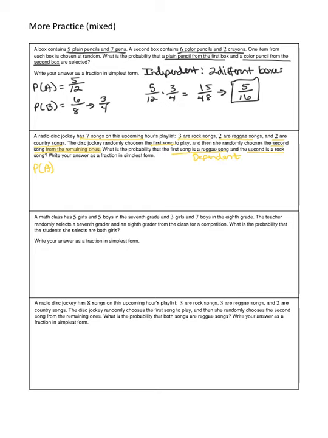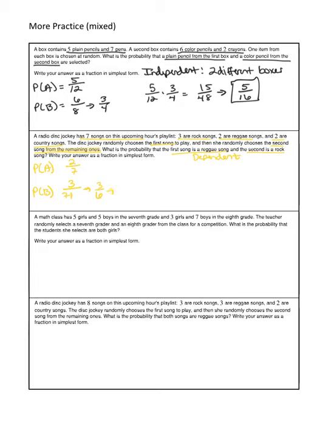Probability A: there are 2 reggae songs out of 7 total songs. Probability B: well, she played a reggae song first, so we didn't lose any rock songs. There are 3 rock songs still left, but she played 1 song, so it's 7 minus 1, 3 over 6 songs are left.